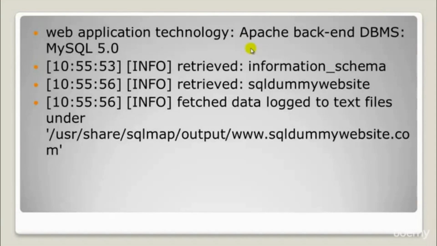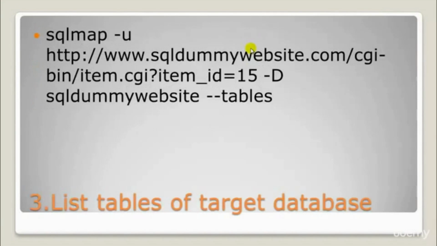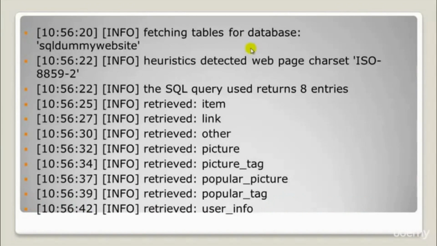So let's list the tables of the target database using sqlmap SQL injection. We need to know how many tables this sqldummywebsite database has and what their names are. To find this information, we'll use another command: sqlmap -u http://dummywebsite.com/cgi-bin/item.cgi?15, but after that I will type -D sqldummywebsite --tables. This will get us these 8 different tables.